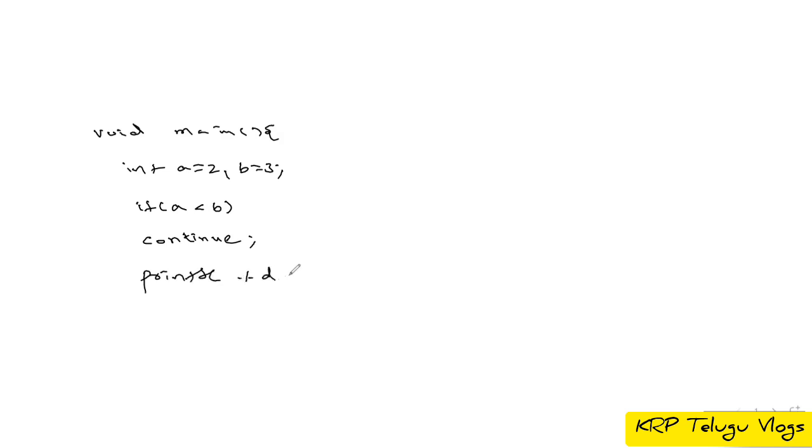Printf percent d, comma a comma b. So what will happen now?